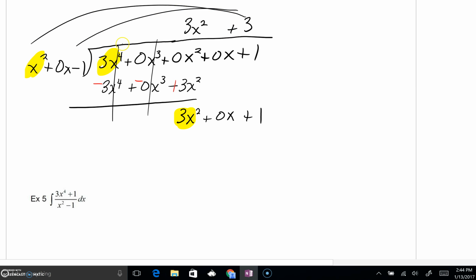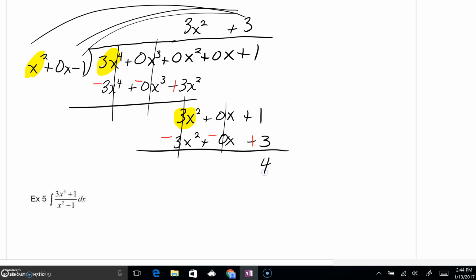We can multiply 3 to all 3 of these. Get 3x squared plus 0x minus a 3. Of course, right now we're going to subtract. This cancels out. And then these 2 columns have canceled, just leaving you with a 4. There's nothing left to bring down. That's your remainder.